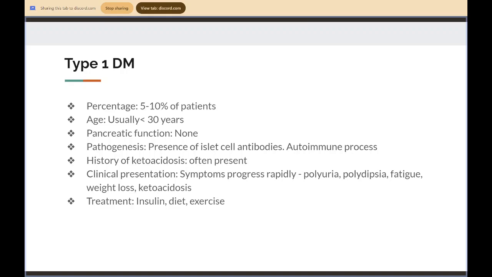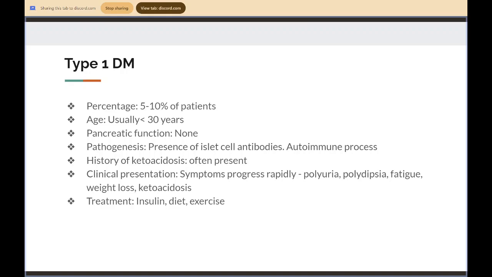So, type 1 diabetes mellitus. 5 to 10% of patients. Age is usually less than 30 years of age. There is no pancreatic function. Pathogenesis, the islet cells have been destroyed by antibodies, and it is an autoimmune process.